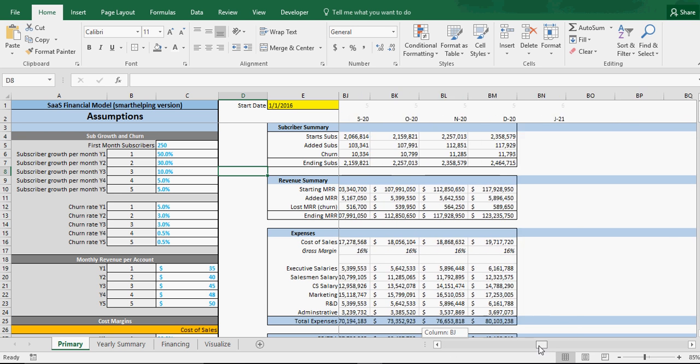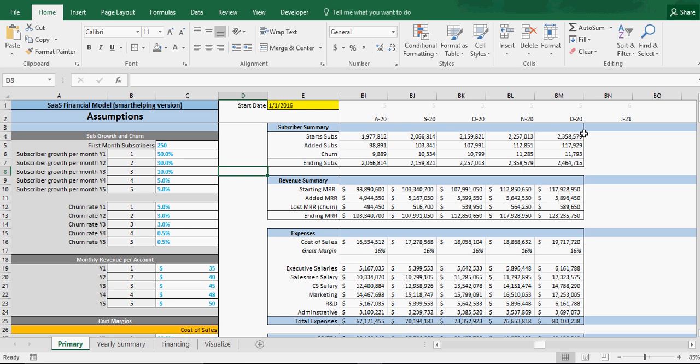So you can see here, well, if you have 2.4 million ending subs, you're going to have an ending monthly recurring revenue of 123 million. And obviously this would likely be a publicly traded company or just a major corporation in the world, if you're getting that big. But adding 5.8 million a month, losing 580,000.